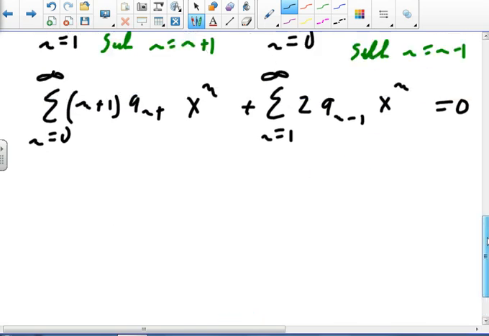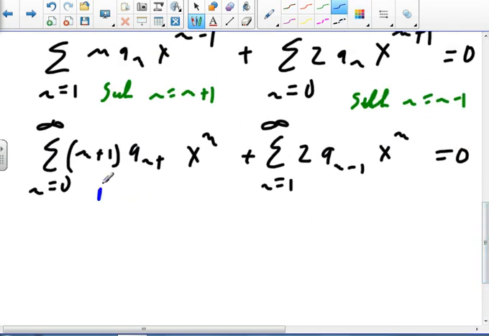Okay, now I'm going to remove the n equals 0 term out of here, and then I'm going to make one summation from n equals 1 to infinity.